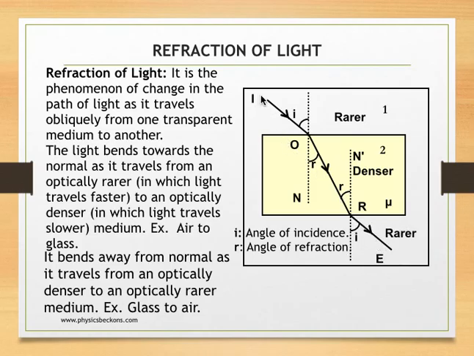The light ray IO, known as the incident ray, was traveling originally in this direction, and as it moves from air to glass, at this point O, it bends towards the normal, comes closer to the normal. This bending of light is what is known as refraction.